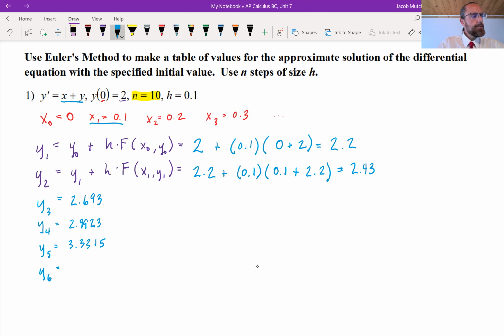Y sub 6, 3.7147. Y sub 7 is 4.1462. Y sub 8, from what we had calculated, was 4.6308.